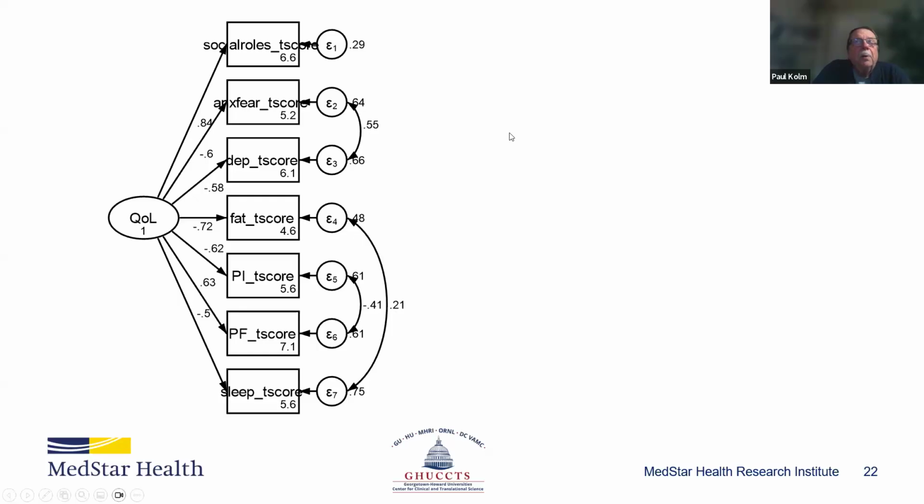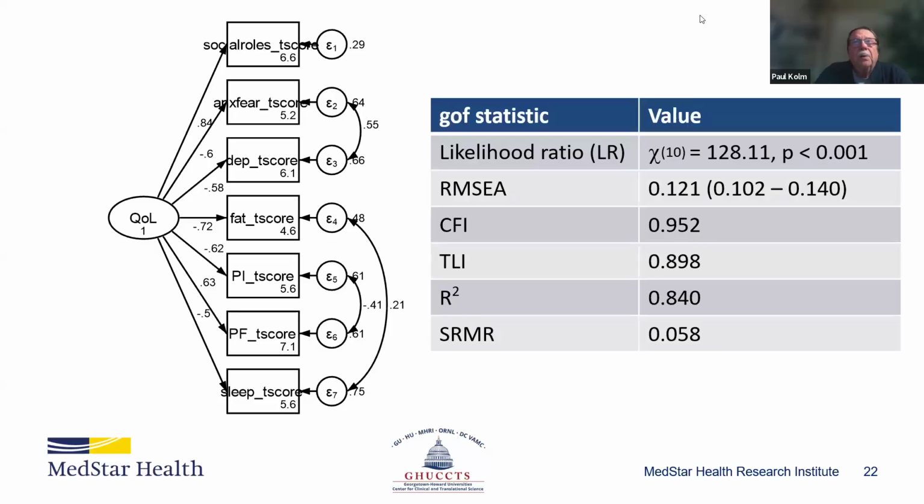But anyway, what we want to do then is look at how well the data fits the model. When we look at our likelihood ratio test, we see that we don't have a good fit because we have a significant chi-square. Now, the root mean square error of approximation is kind of close.